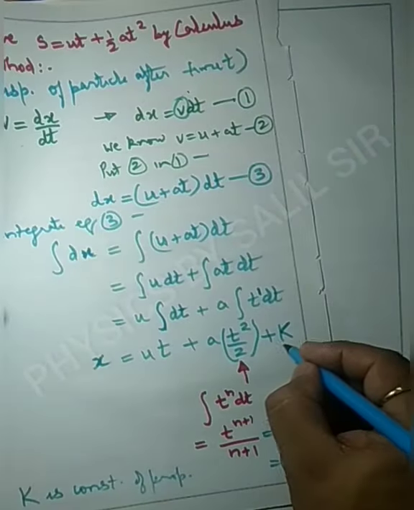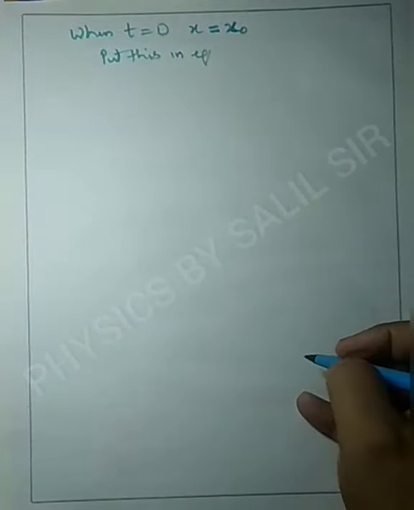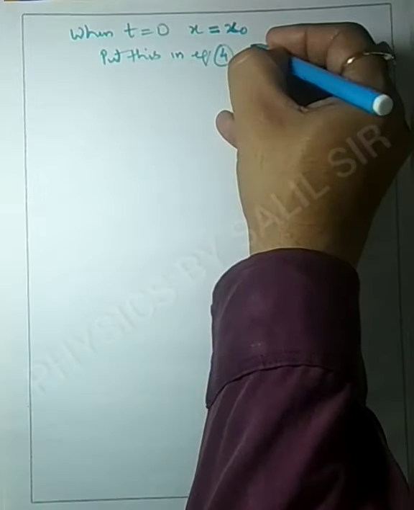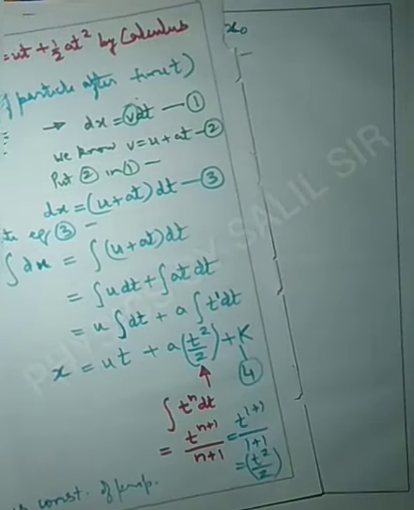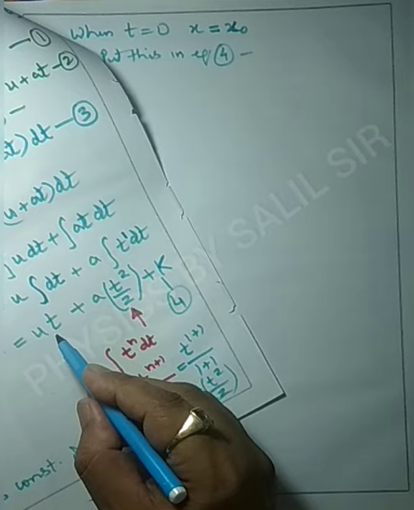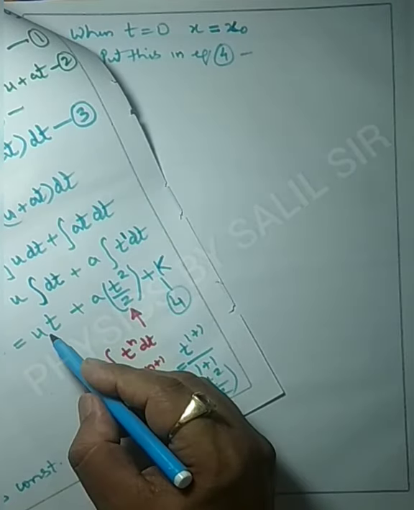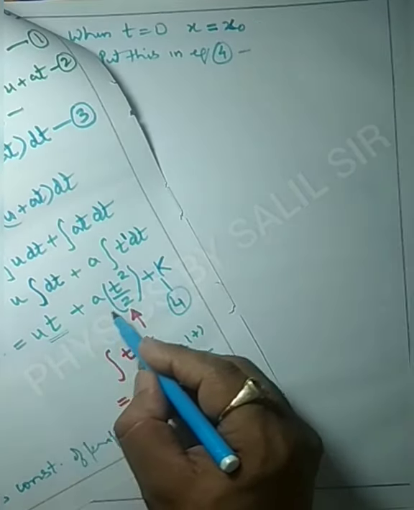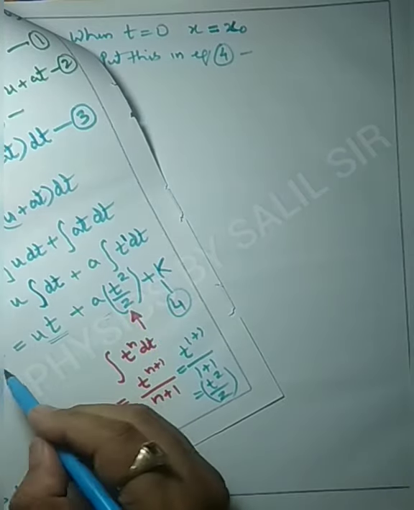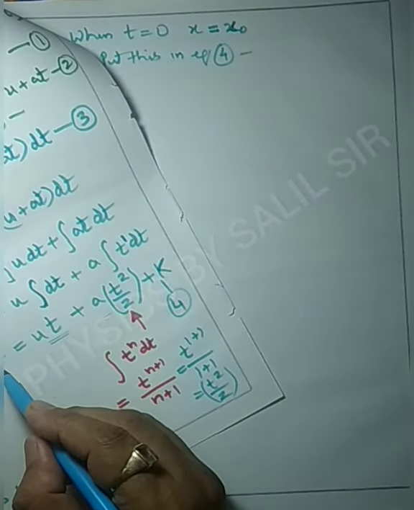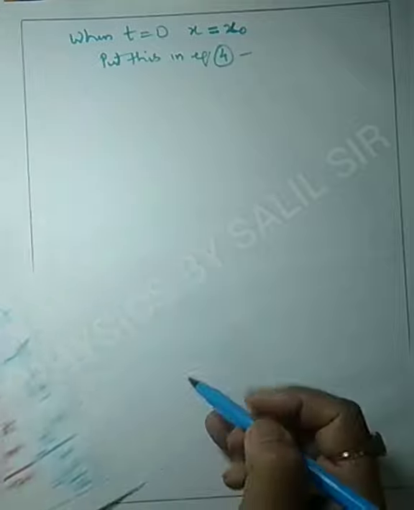Suppose this is equation number 4. Put this in equation number 4, then what will we get when we put t is equal to 0 in this? The first term and second term will become 0, and in place of x you will put x naught. So finally we'll get k is equal to x naught.